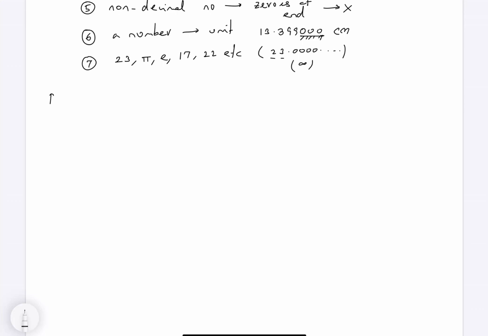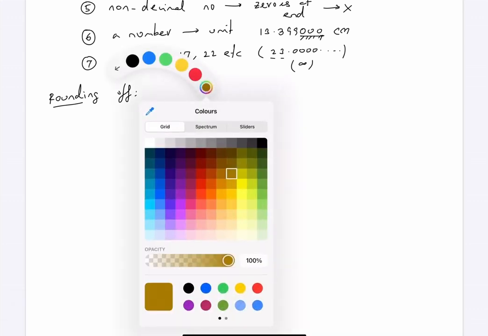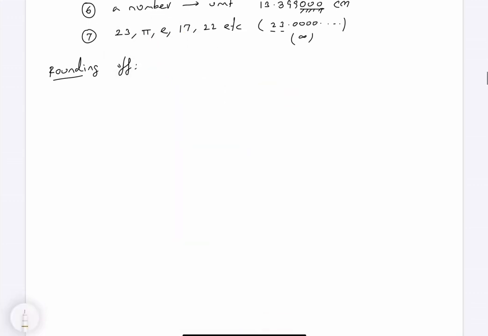Now we come to rounding off. Let's pick another color. Let's make life colorful. Right. So rounding off, just remember this kind of flow chart. Rounding off is nothing but they'll just give you a number, let me just write a number, 4.31507768.